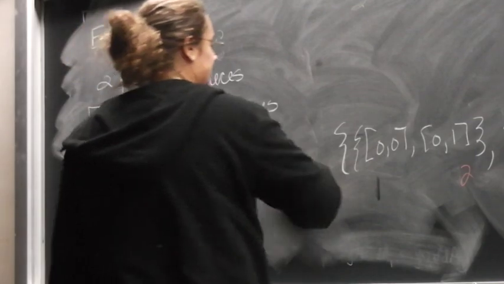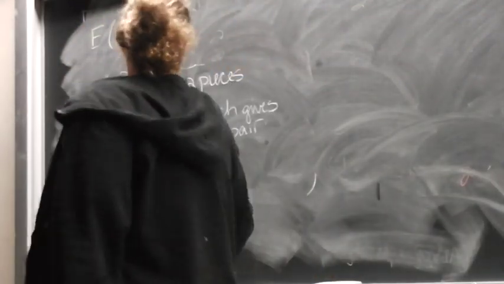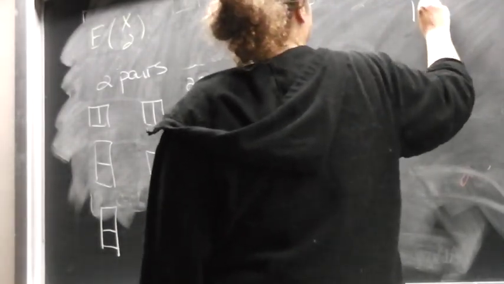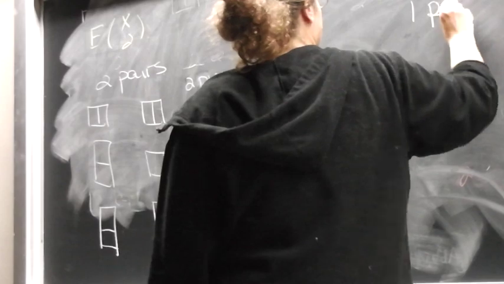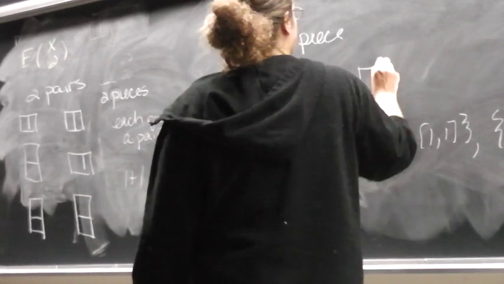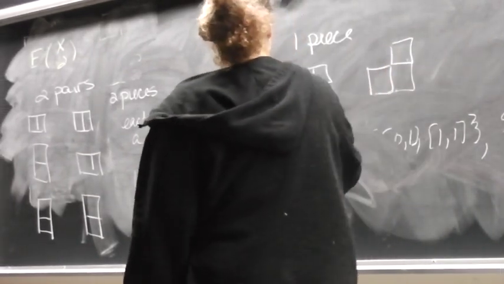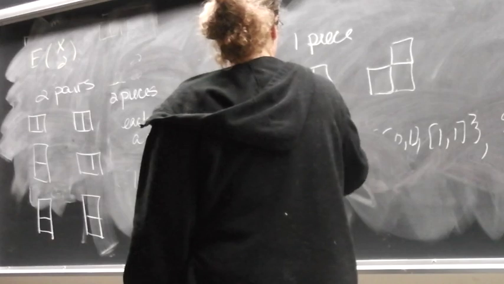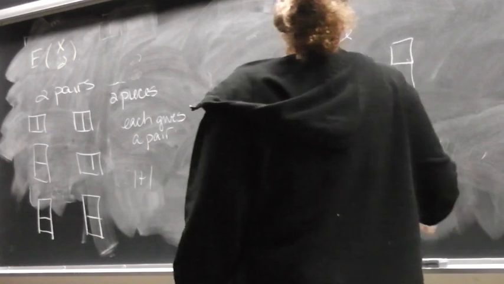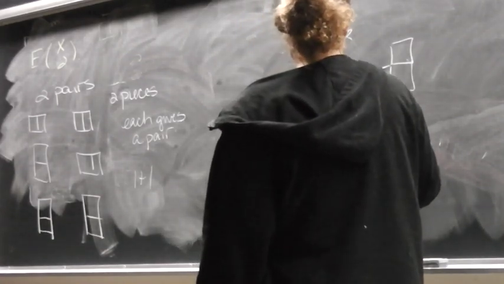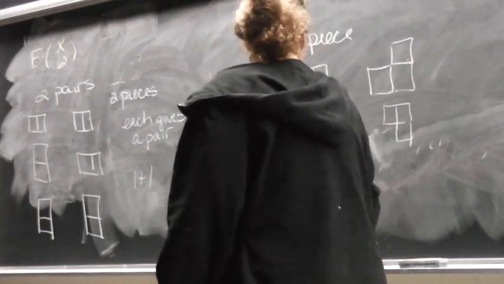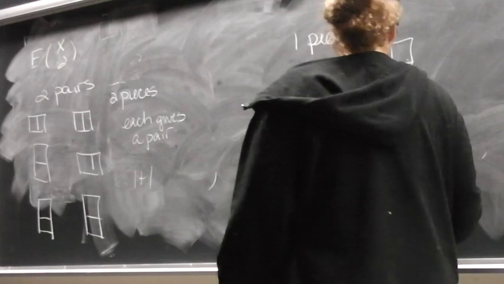Or you could put in, this goes with the partition piece, 1 plus 1. Or you could put in 1 pair, 1 piece. Get a bunch of L's. Or you could get 3 blocks adjacent. You can put this in.